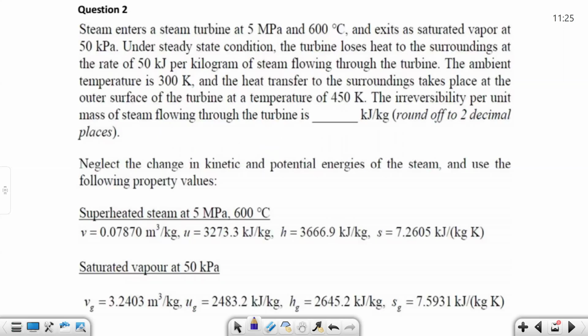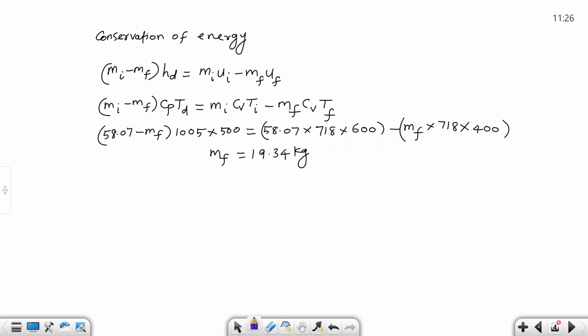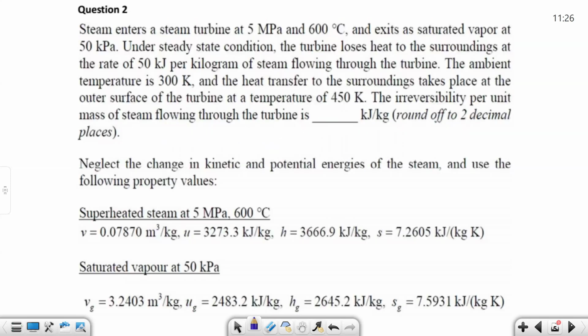The heat transfer to the surrounding takes place at outer surface of turbine at temperature 450 Kelvin. So this is the surface.